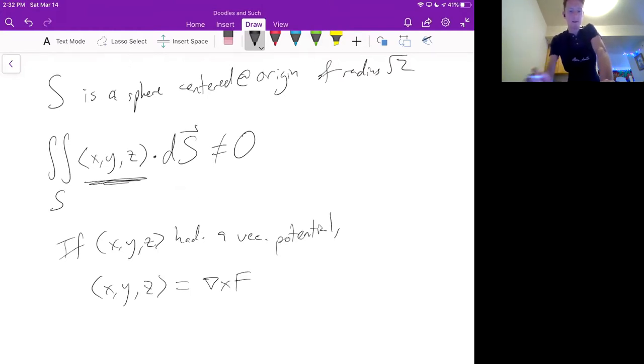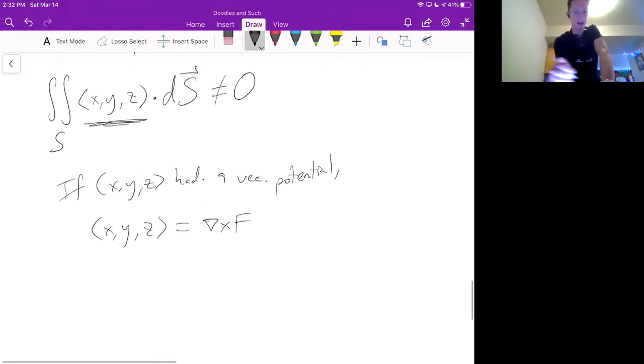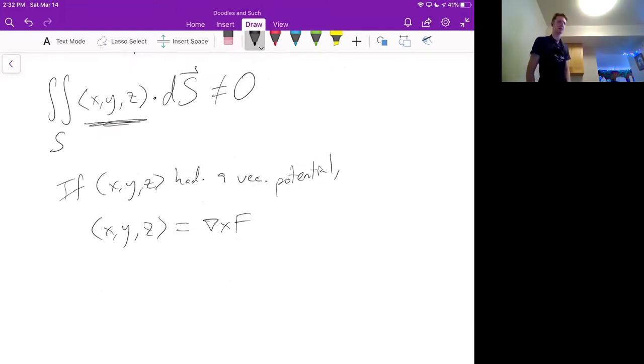So if this were the case, what could I say about the flux integral I wrote above? What can I do with that flux?